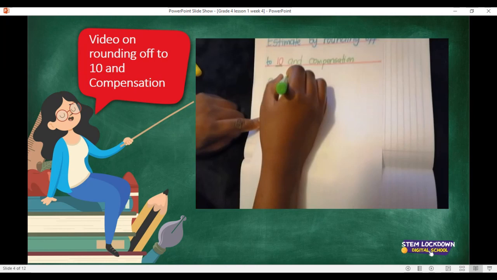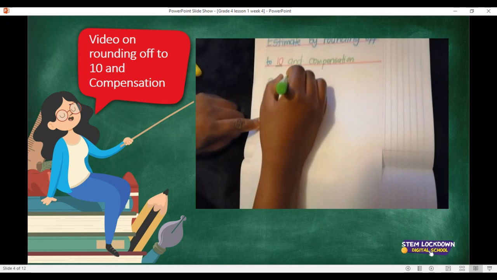So the estimated answer was 37. And then because the number that you rounded off moved from 22 to 20, you actually lost 2 rands. Now, how are you going to buy your sweets? Because now I made you to be short with 2 rands. So from the estimated answer, we have to add, because we lost. This is where inverse operation comes in, or the opposite operation.